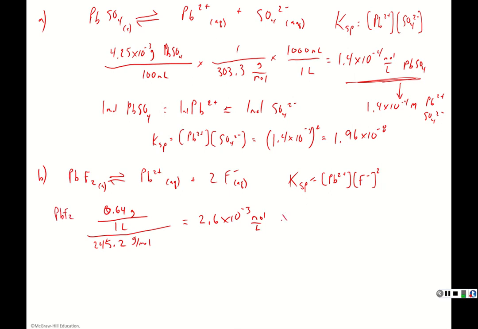So to get the concentration for Pb2+, there's 1 mole of Pb2+ for every 1 mole of the compound. So that's just going to be the same number, 2.6 times 10 to the minus 3 moles per liter for Pb2+.